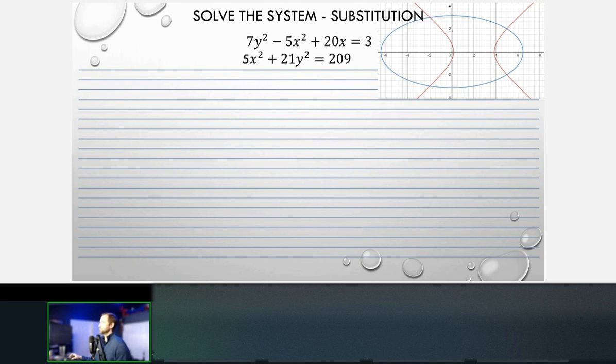Yeah, graphing would definitely be the easiest way because we can pull out all 4 solutions. But other than graphing it, what should we do? Because I do want you to use the substitution method on this one. So what do we do?